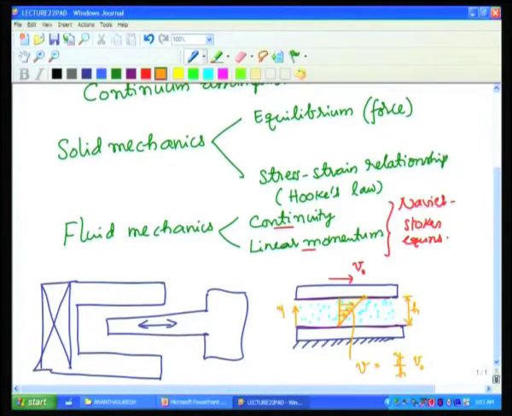We say this is the y axis, this is the x axis. When y is equal to 0, v is obviously equal to 0. When y equal to h, that is at the top plate, it has a velocity of v 0 because h and h will cancel and become 1. So, we get v equal to v 0. So, this is the velocity.